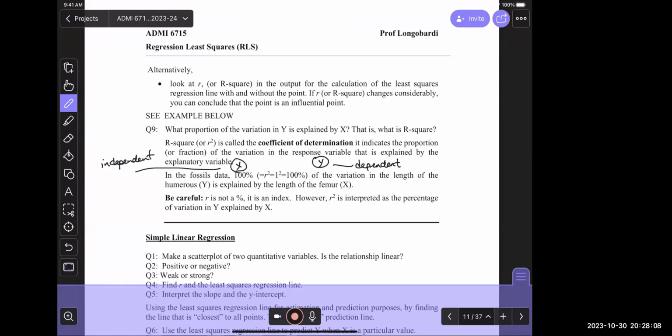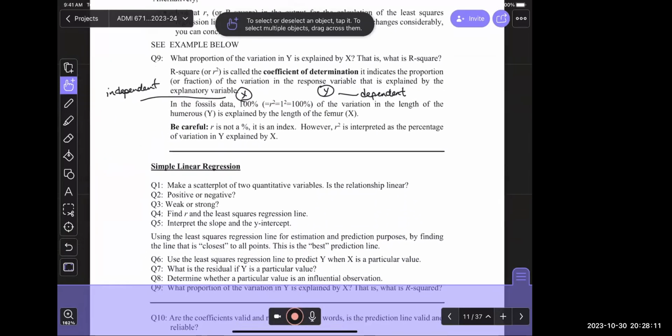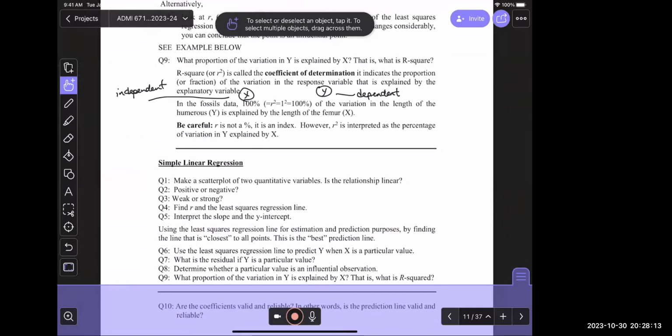All right, so to recap what we've learned in simple linear regression, we've learned how to make a scatter plot of two quantitative variables and observe if there's a linear relationship, if it's positive or negative, weak or strong. We know how to find R, we know how to do it in Excel, we know what it means, and we can make the calculation manually. And we can find the least squares regression line.